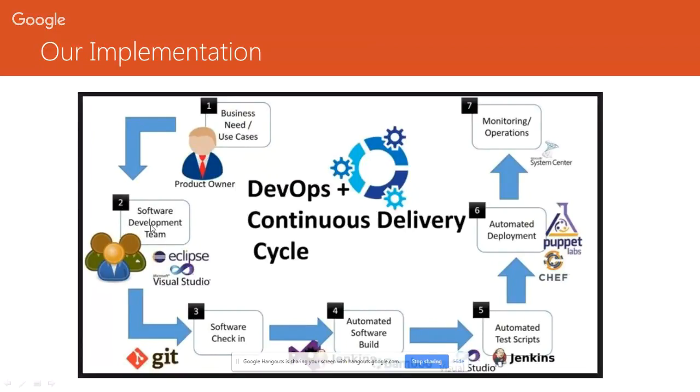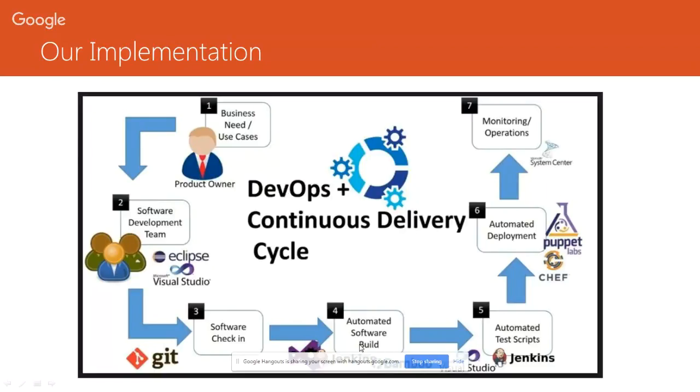The dev team, after understanding those use cases, try to understand the architecture of the system and convert those user stories into code. And once those user stories are converted into code, the code gets checked into one of the source code repositories like Git.